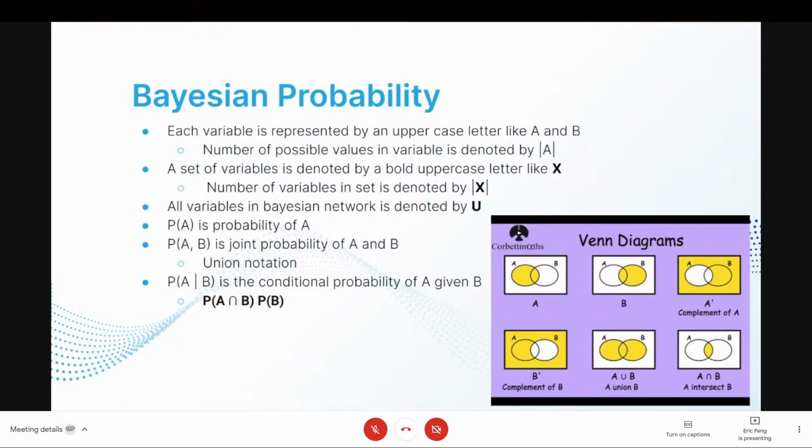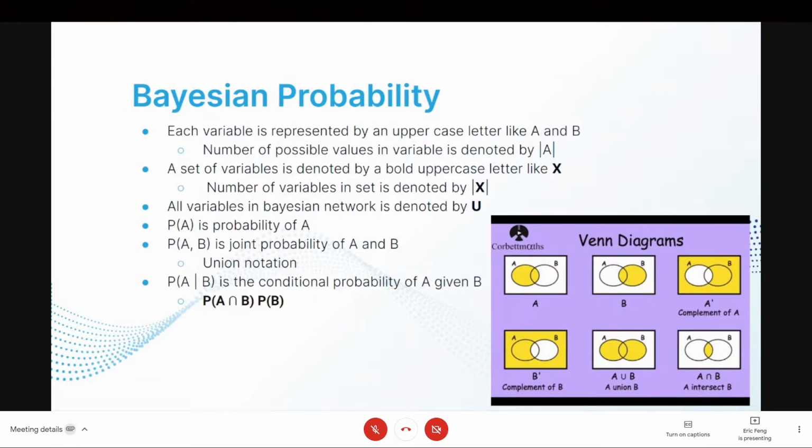To get the number of possible values in a variable, we would use the notation pipe A pipe. That basically means, if we have a variable like is sick, the possible values are true and false, and it's the same thing for a quantitative variable as well.